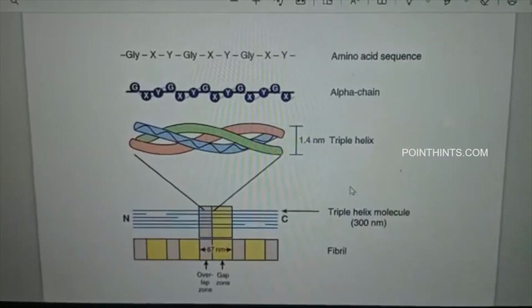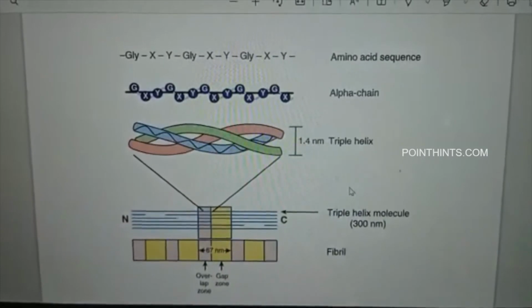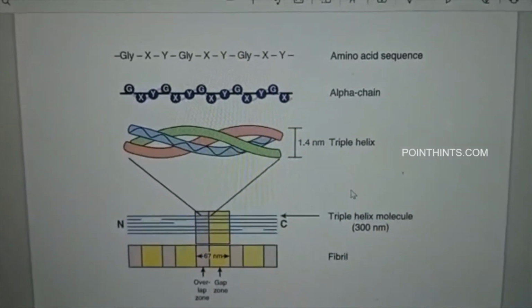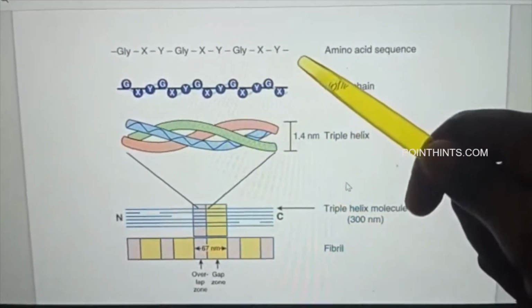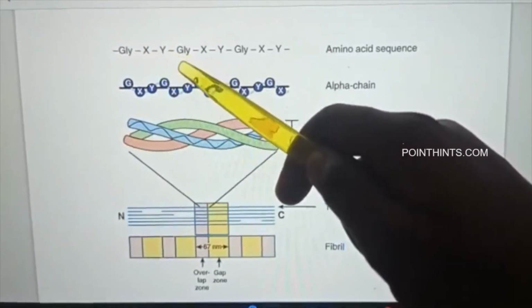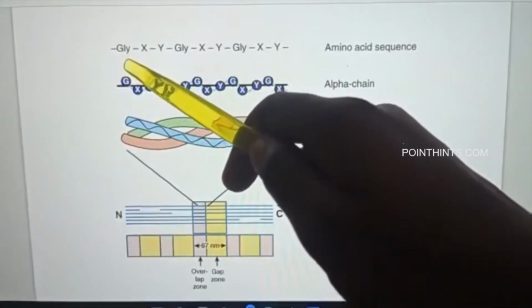the collagen molecule has a triple helix structure, which is three alpha chains combined together. A single alpha polypeptide chain has the amino acid sequence glycine-X-Y, glycine-X-Y, and so on.